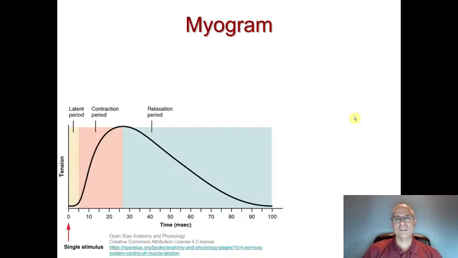One of the things we can do is measure what's happening in a muscle when it contracts. And this you can do in a laboratory. I remember I did this as an undergraduate. We would take the gastrocnemius muscle, or the calf muscle, from a rabbit. We would submerge this muscle in an isotonic glucose solution.